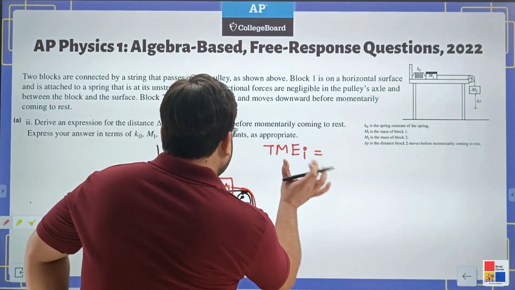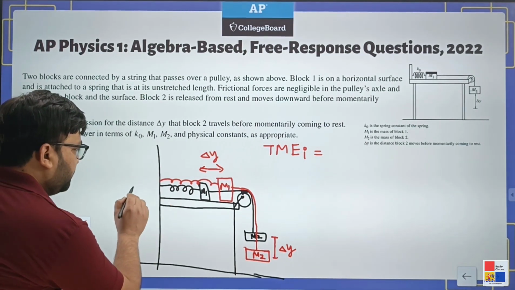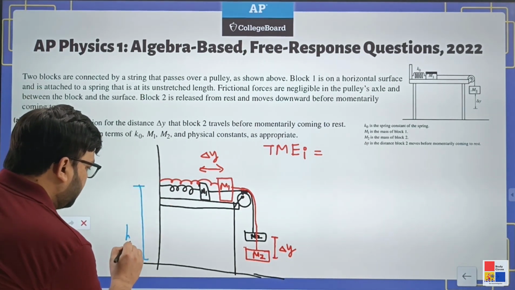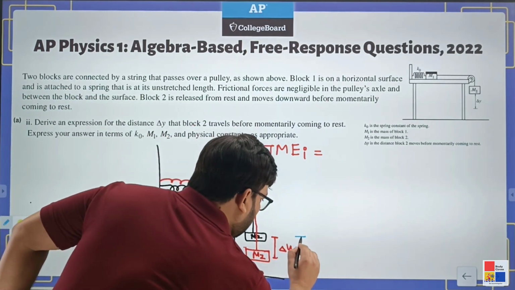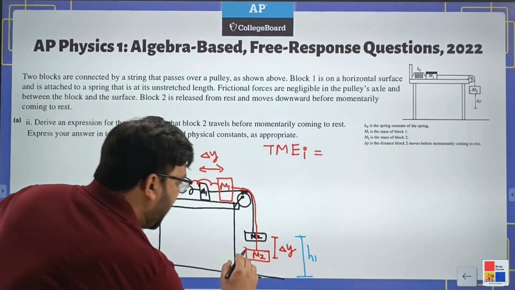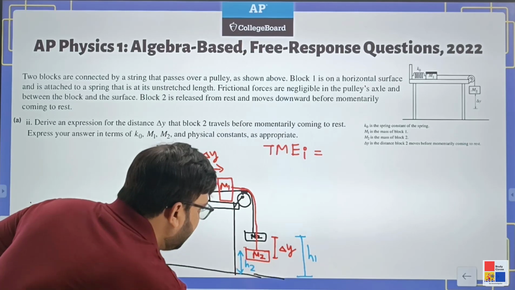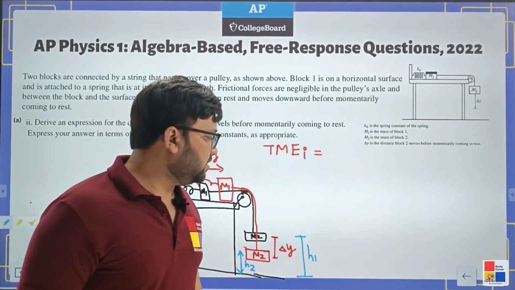Fine. So initially, let's say this height here is h naught. Initially, m1 from the ground surface was at height h1, and then later on it came down at a height h2 from the ground, right?